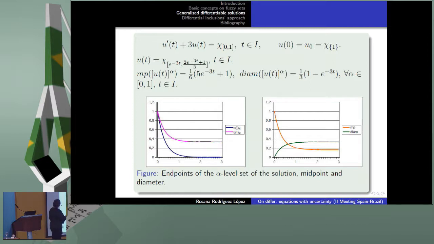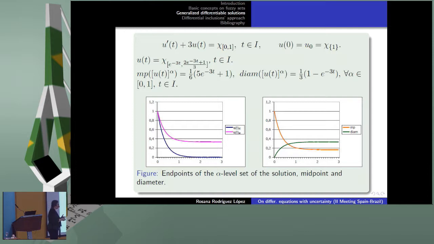If you consider a very simple linear problem of this type, this is a crisp problem with crisp initial condition also. The first definition, which considers the value of the function on elements to the right of the point first, is always going to give solutions that increase the diameter. I mean, the diameter of the level sets is always going to be monotonically increasing.